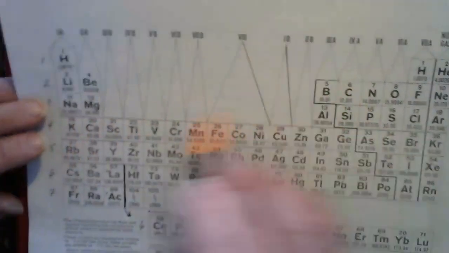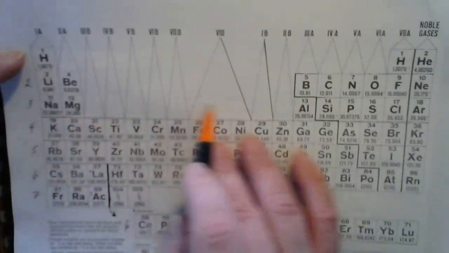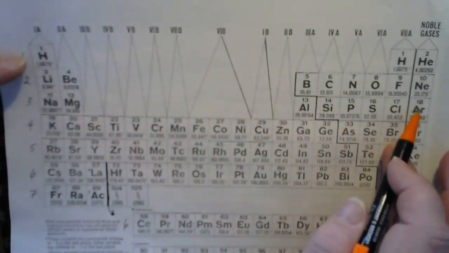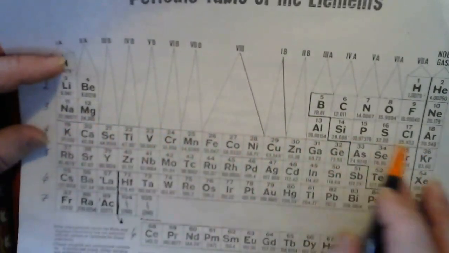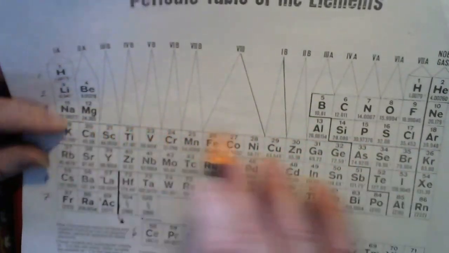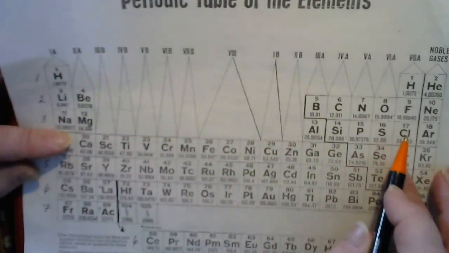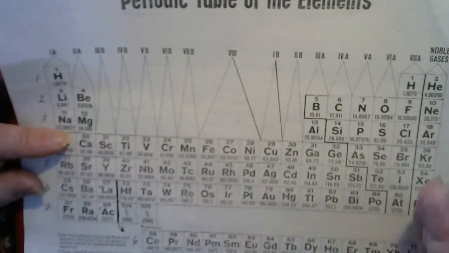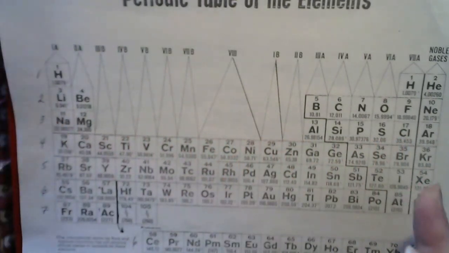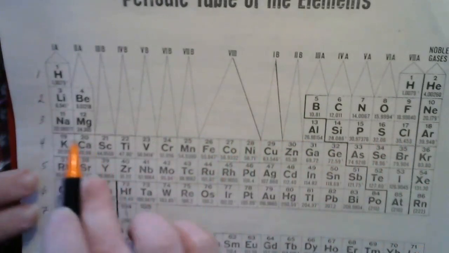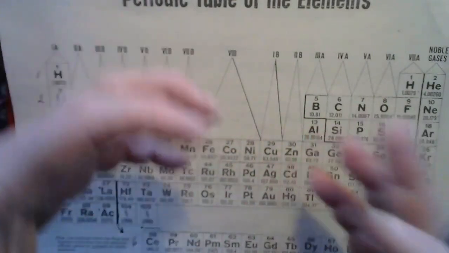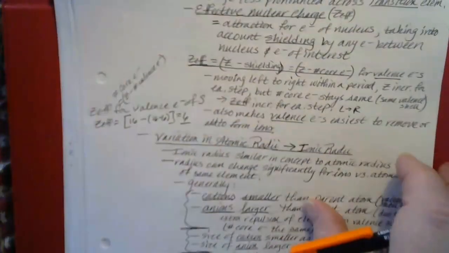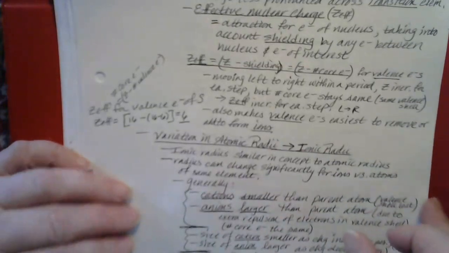And so the number of core electrons actually remains the same as you're going across the periodic table. And so the shielding on the valence electrons remains the same as you go across any given period. But the negative charge in the valence shell becomes more negative, and the positive charge in the nucleus becomes more positive for each step left to right. And so that results in a greater attraction, and they come closer together, making the atom smaller as you go left to right.